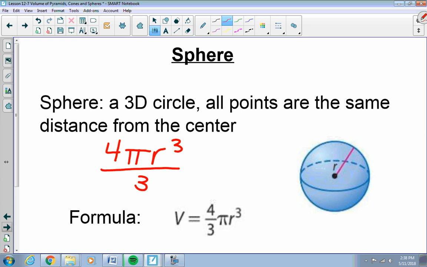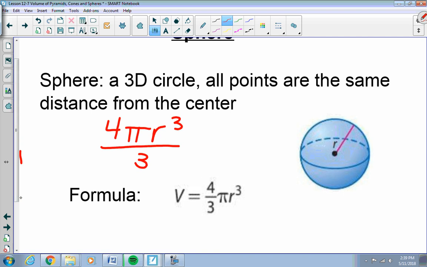Then not that complicated. So you're going to take 4 times pi times radius times radius times radius, divide by 3.